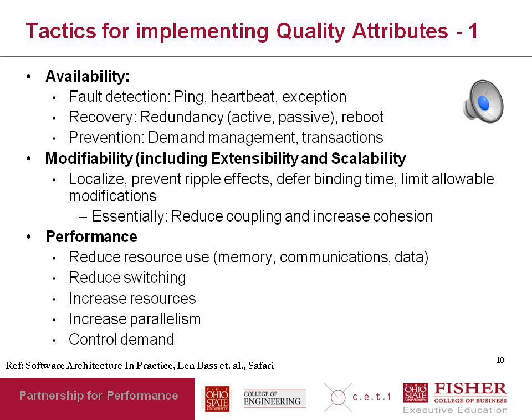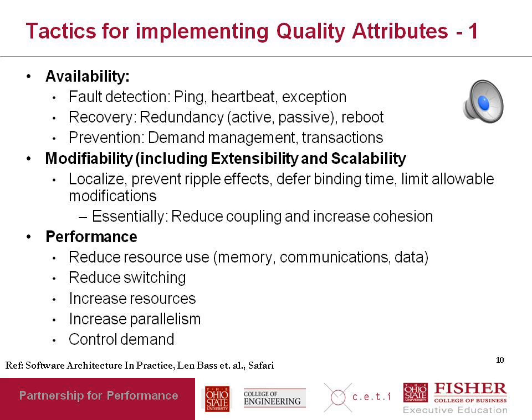The third kind of tactics are for performance. And for performance, you essentially have the following tactics. You can either do things more efficiently, essentially reduce resource usage. You can reduce switching because switching has costs.